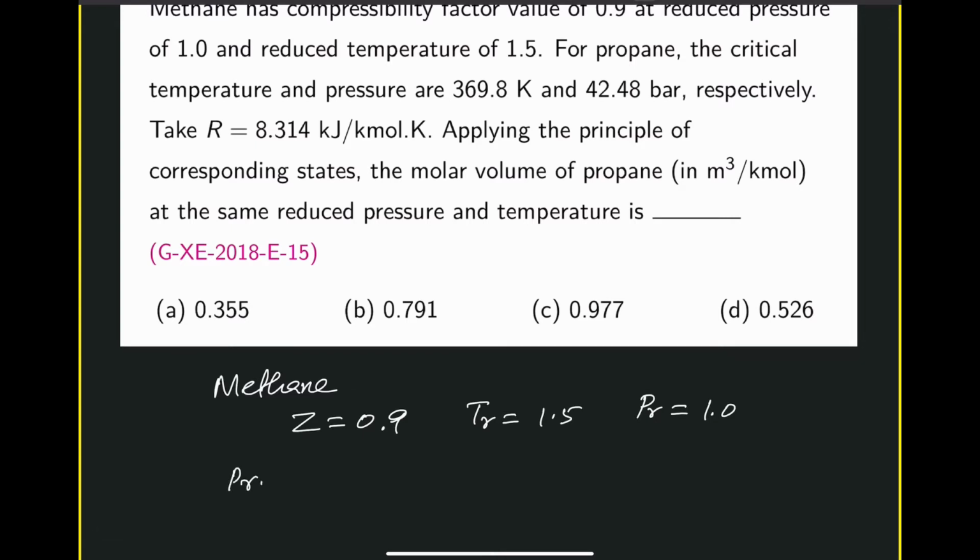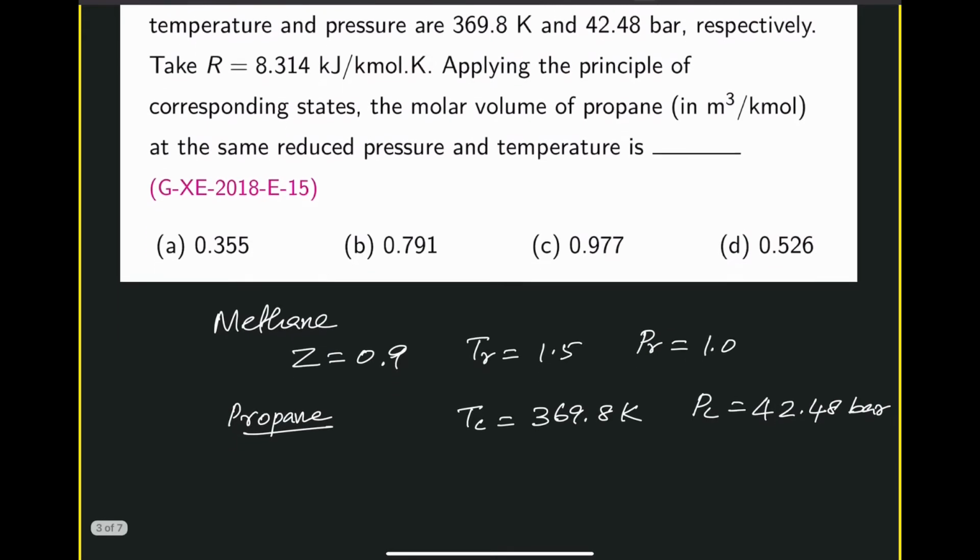Similarly, there is also data for propane. For propane, we are given the critical temperature, Tc, equal to 369.8 Kelvin, and Pc is given as 42.48 bar.